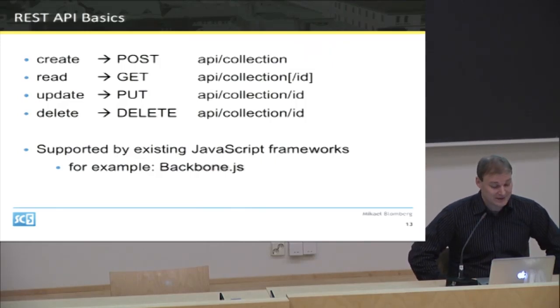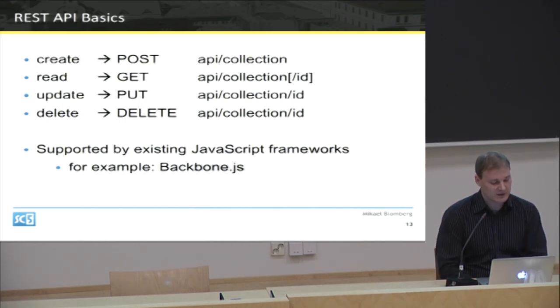And this is what we're using to access the data. Some browsers don't support all of these, but then we just emulate them. PUT and DELETE is a POST request which is decorated, and then we can still use CRUD.